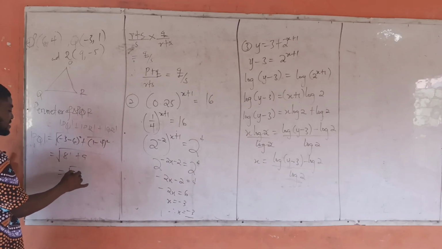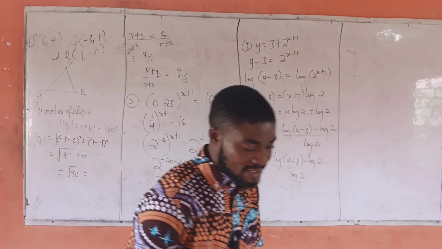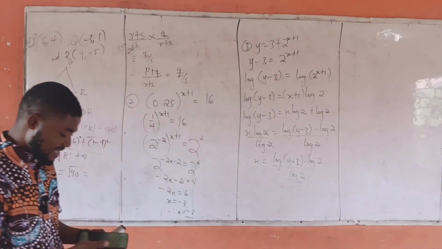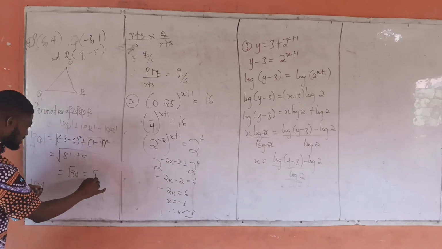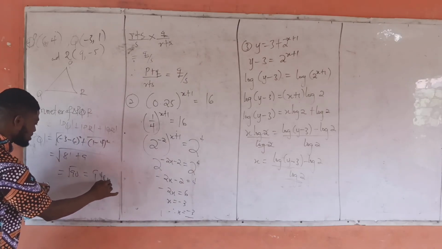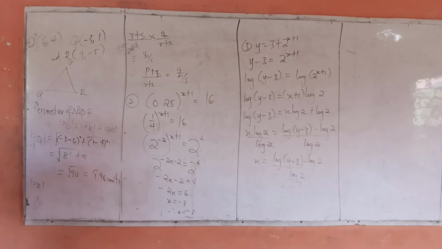So root of 90. Root of 90 from your calculator should give you 9.48 units. And then we have PR.